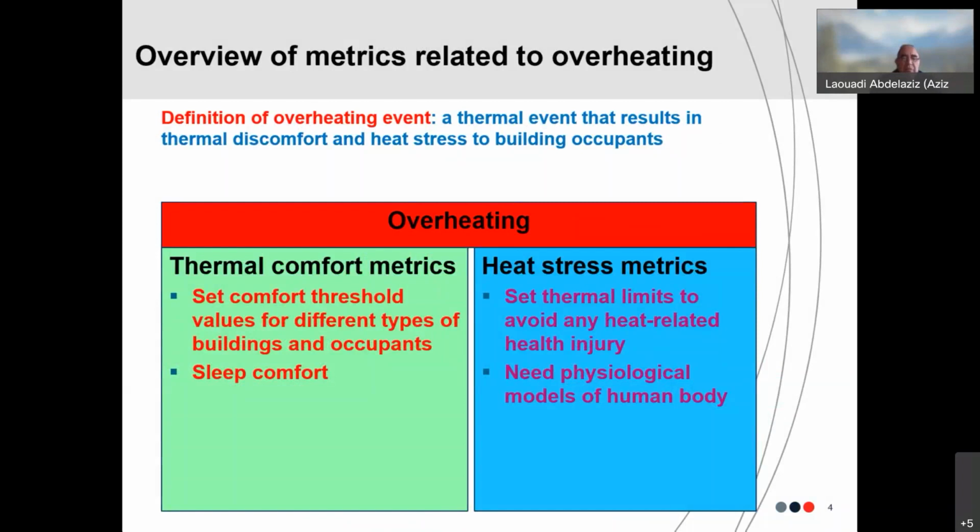Metrics for thermal comfort are needed in order to set comfort threshold values for different types of building and occupants, and also to set comfort requirements for sleeping environments. Heat stress metrics are needed to set thermal limits to avoid any heat-related health injury, and these metrics will need proper physiological models of the human body.